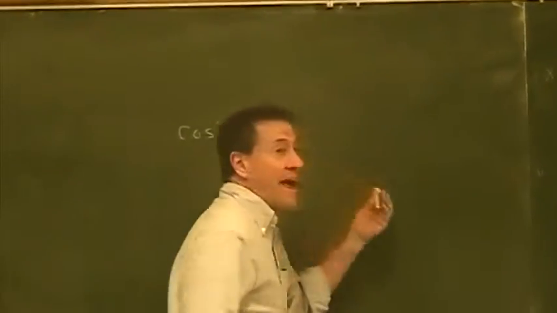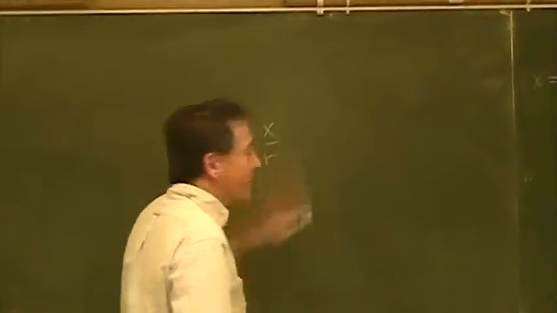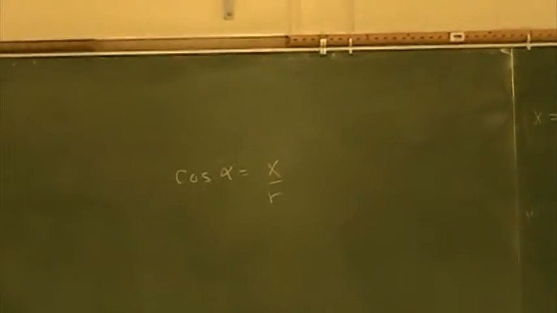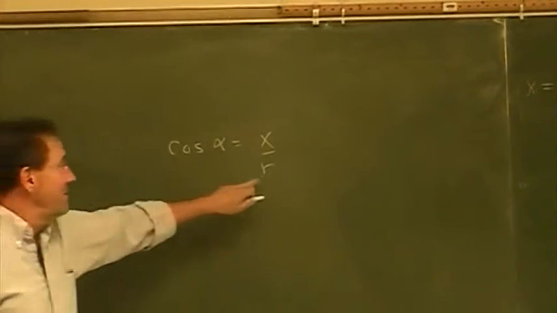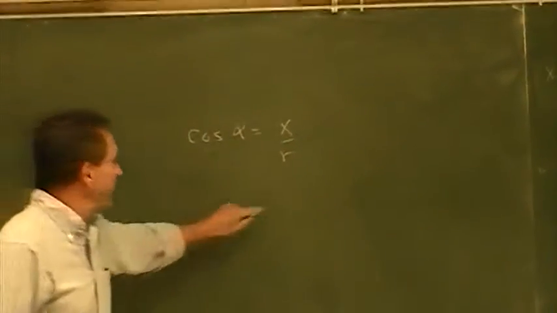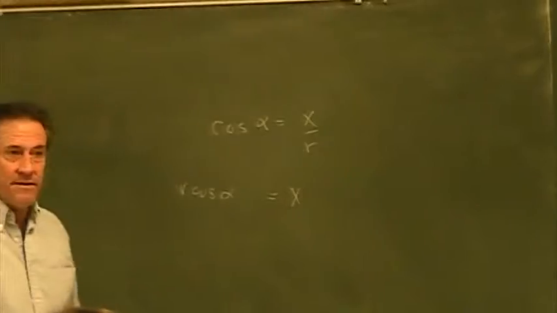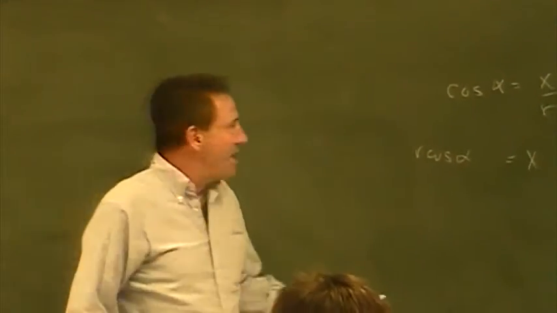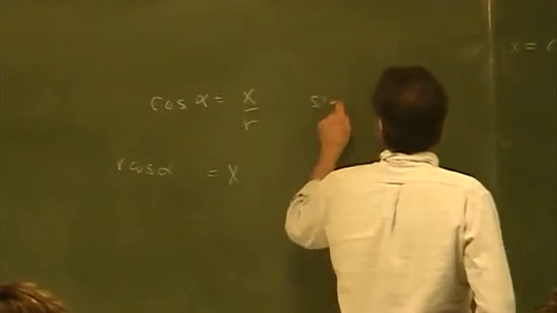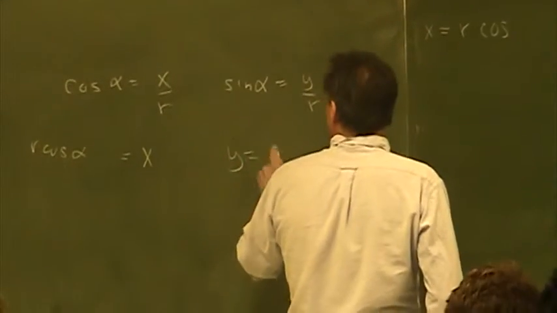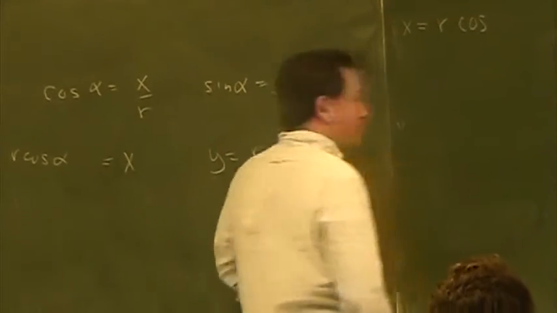Cosine of some central angle equals x over r, by definition, off the unit circle. So this means x equals r cosine of the angle. And by definition, sine of a central angle equals y over r. So that means y equals r times sine of the central angle.